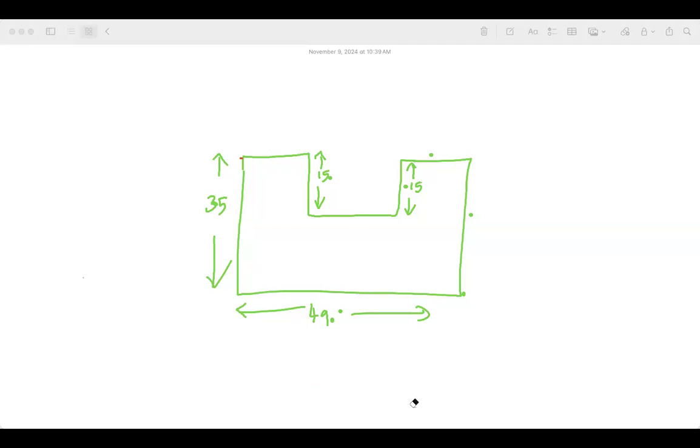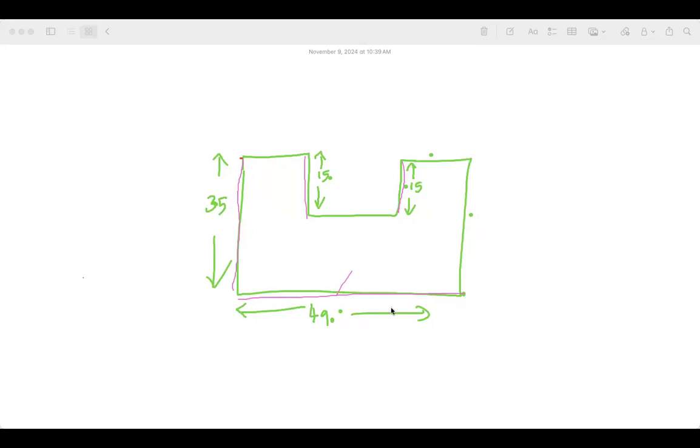So first, I did correct, some. Good first job. I included this line. Good, good, good. Go ahead. And then I included this line. Good. And that line, and that line.